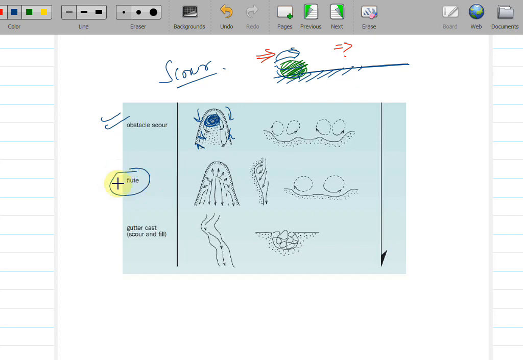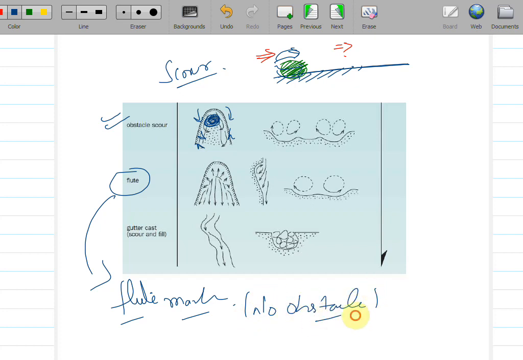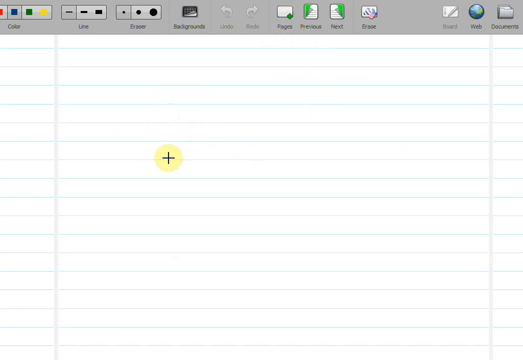Now there is flute mark. In flute mark you can see that there is no obstacle, okay. So let's say if I have this is the river, this is the base of the bed.